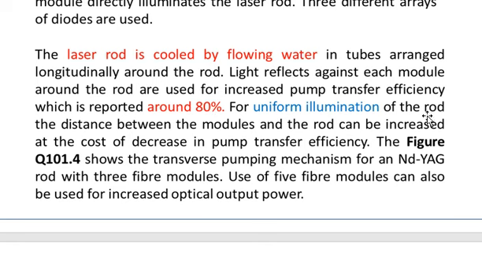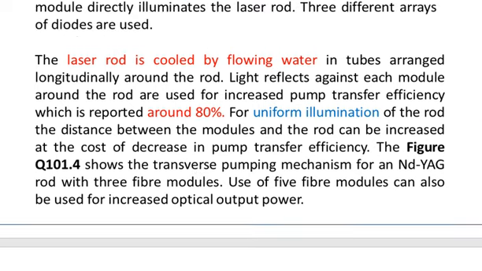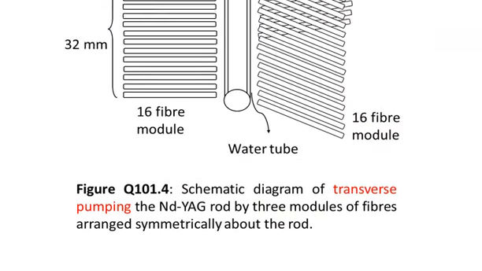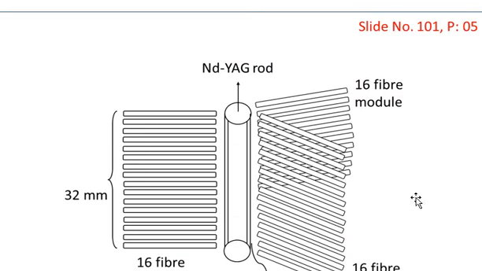For uniform illumination of the rod, because if the fiber modules are very close to each other, the pumping may be slightly non-uniform. The ends of the fibers which are close to the rod provide a more intense beam, and of course the beam will diverge out from each fiber.